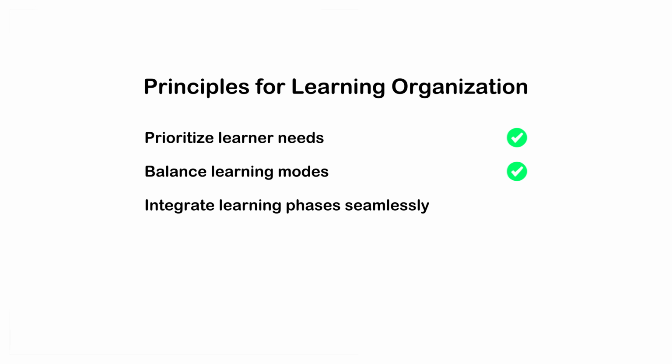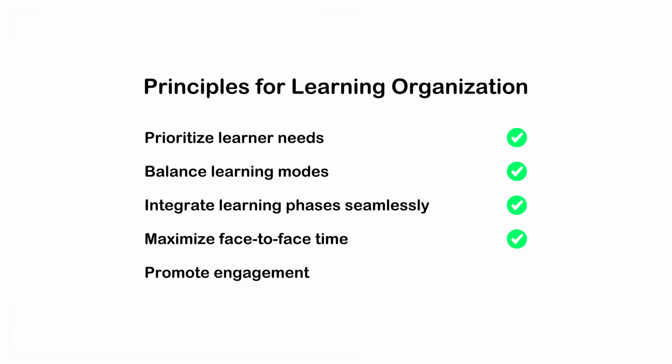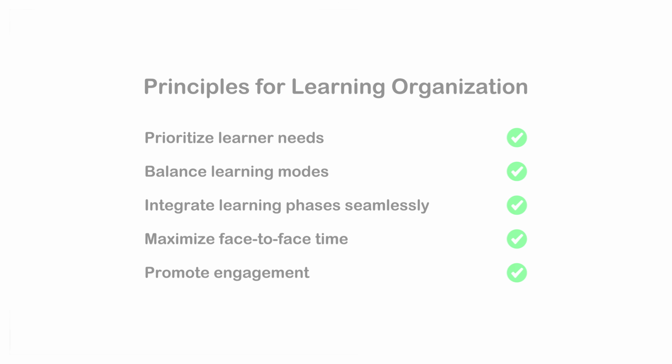Ensure continuity between asynchronous online learning and synchronous learning. Use live time strategically. Emphasize interaction and collaboration. Support engagement. Offer incentives and support to boost engagement in both asynchronous and synchronous online learning.